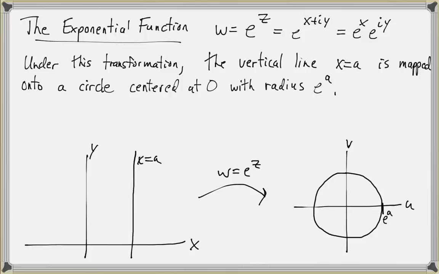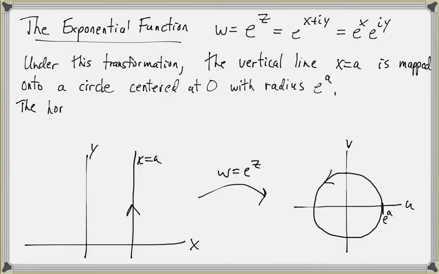And if I were tracing out the vertical line x equals a going from the bottom up to the top, then the corresponding points on the circle would be mapped out in the counterclockwise fashion. So vertical lines get transformed into circles. Let's look at the set of points on a horizontal line under this transformation.